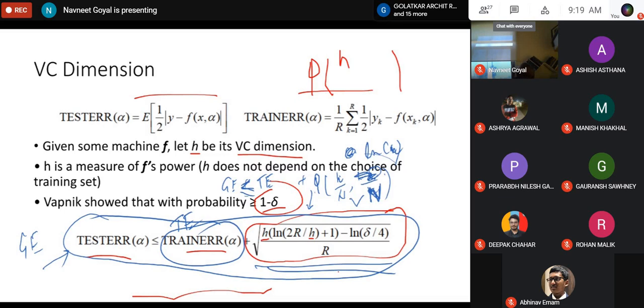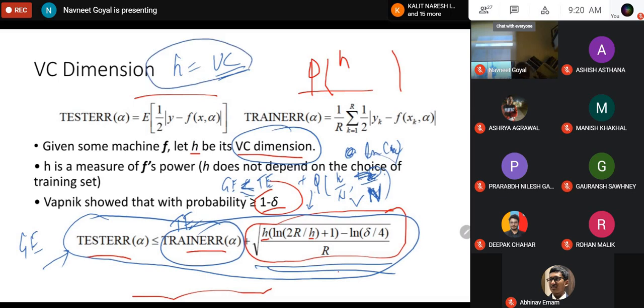What we are saying now is that H is nothing but the VC dimension, which is the capacity. So VC dimension is actually a measure of the capacity of models, of classifiers per se. And VC dimension is in turn defined in terms of capacity to shatter.